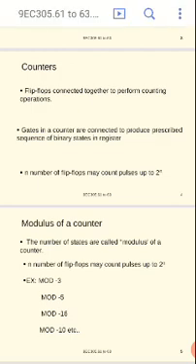Example, mod 3, mod 5, mod 16, mod 10, etc. That is, modulus means number of states.